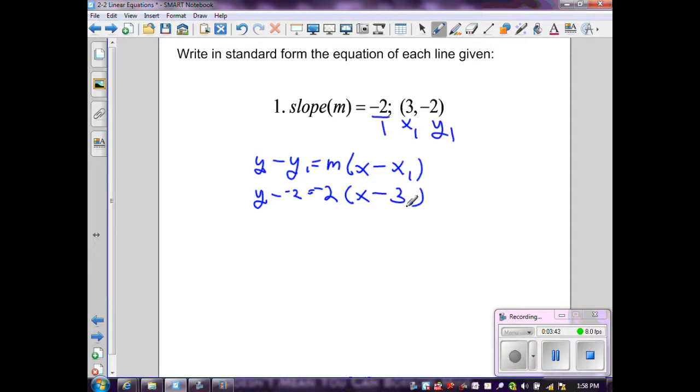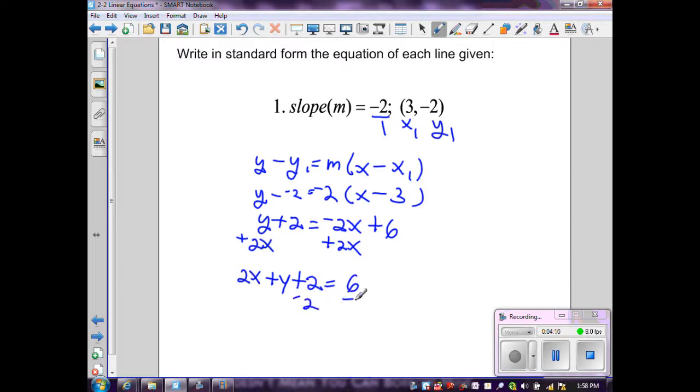Now what we want to do is simplify. Y plus 2 equals, here we can distribute, -2x plus 6. Get the x's and y's on the same side, so we're going to add 2x on both sides. That gives me 2x plus y plus 2 equals 6.